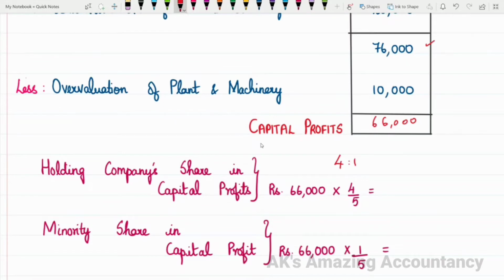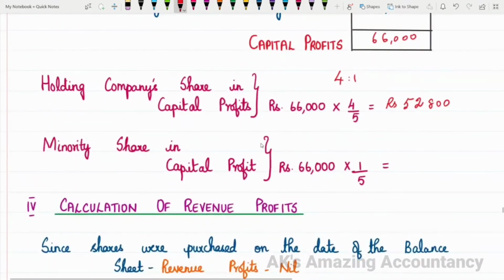So holding company share in capital profit will be 66,000 rupees into 4 by 5, which will give you rupees 52,800. You can calculate and see. This will give you 52,800. And then minority share in capital profit will be 66,000 into 1 by 5, and this will give you rupees 13,200.